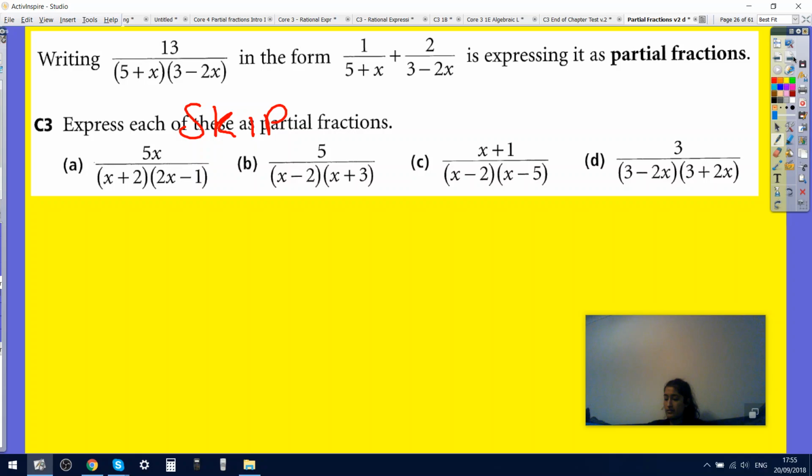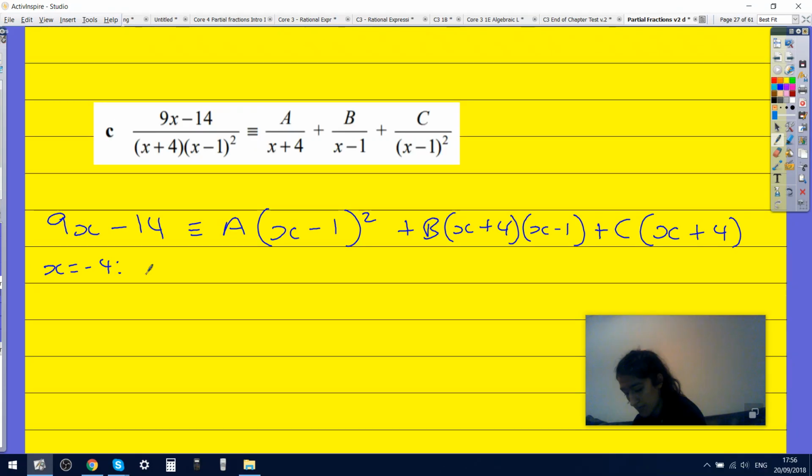Plus b x plus 4 x minus 1, plus c x plus 4, and then if we do x equals minus 4, so 9 minus 4 is, do you know when you substitute x for minus 4, is it 9 minus 4 or is it 9 times minus 4? Always times. Okay, so 9 times minus 4 is minus 36. Minus 36 minus 14 is minus 50.